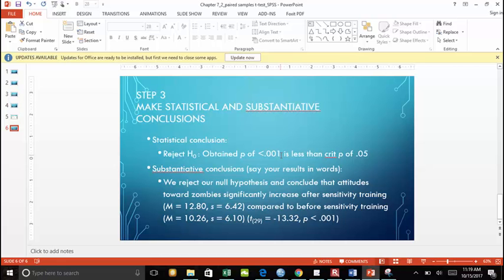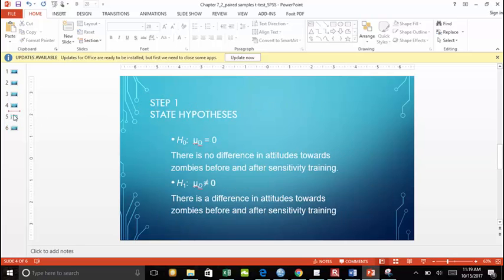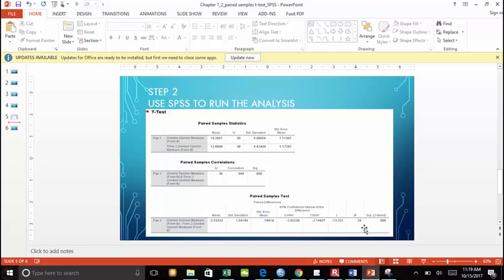The only way that there is a 0% chance that you're making an error is if you've tested the entire population, which we know we haven't. In this case, we've only tested 30 people. So the convention, when you have data that says your significance is 0.000, you know SPSS is doing some rounding here.